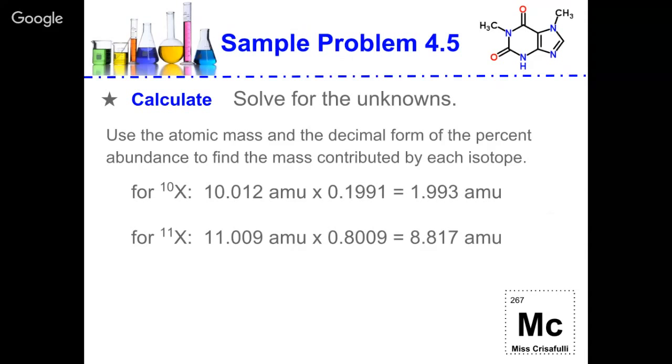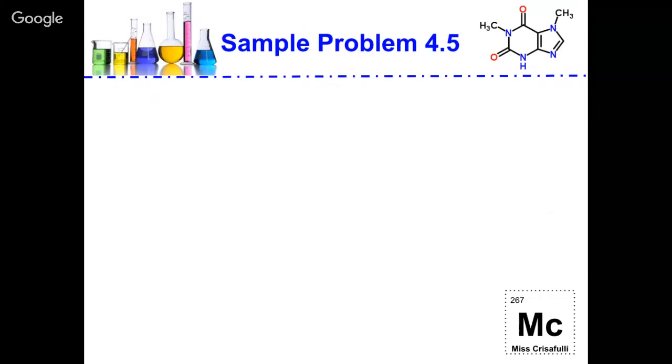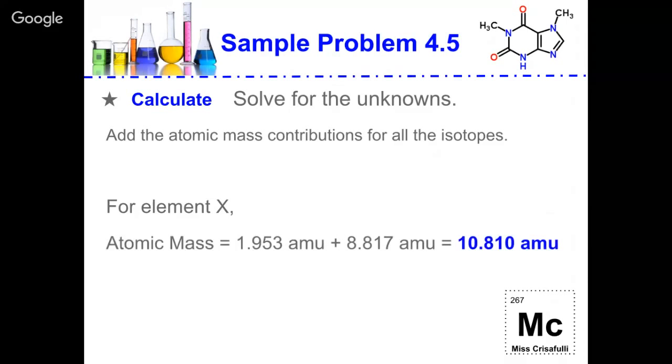We'll take the mass of the isotope, 11.009 AMU, and multiply that by its percent in decimal form, and we get 8.817 AMU. Final step for this problem is just to add those two values together. The mass of element X with a mass of 10 and the mass of element X with a mass of 11. So here we go. And then our final answer is going to be 10.810 AMU.